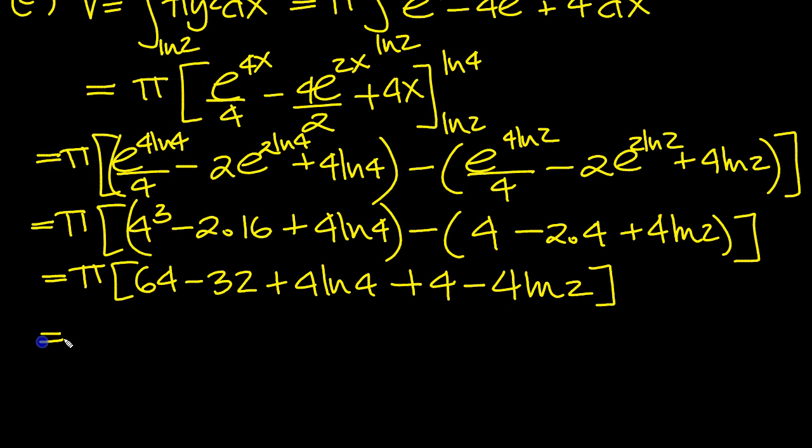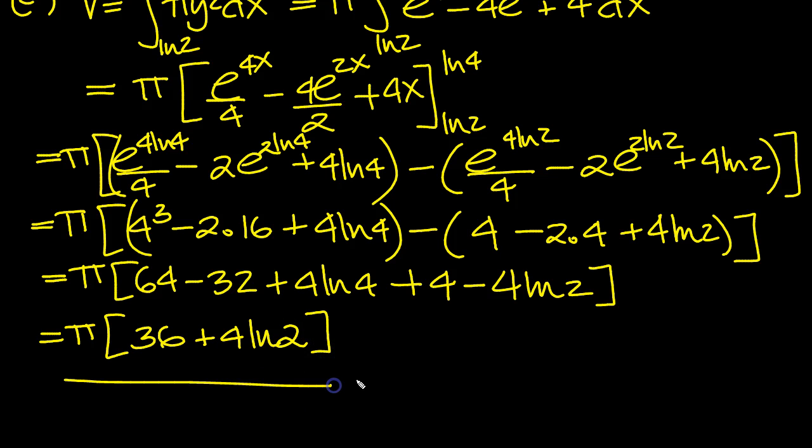We've got pi lots of 64 take 32 is 32, plus 4 is 36. 4 log 4 minus 4 log 2 is plus 4, outside the bracket, log 4 minus log 2, you divide log 4 over log 2. Log 4 over 2 is log 2 when you simplify the logarithm. So there's our volume then, and its units cubed.